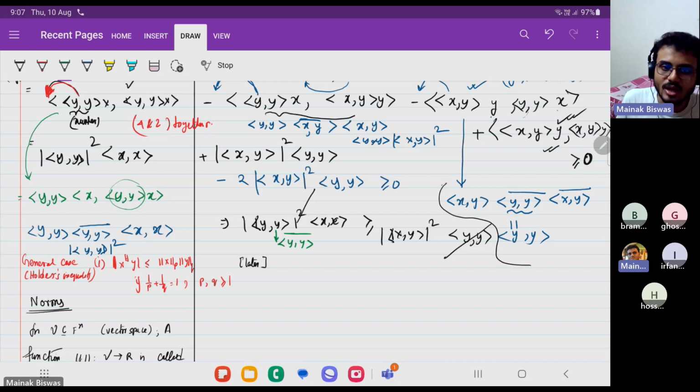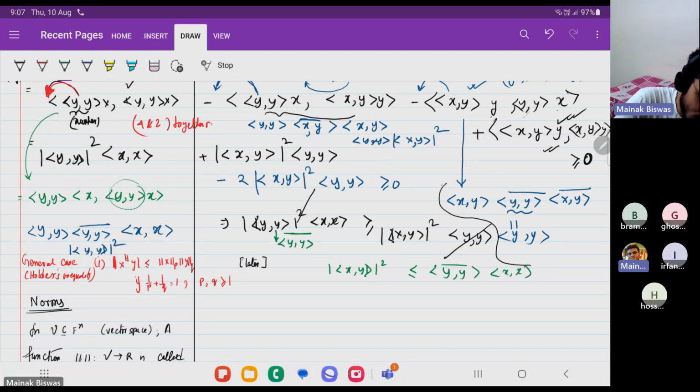What is the norm square of y? It's the conjugate of yy into yy. Yes or no? So I'll be left with xy whole square less than or equal to yy conjugate into xx. So again, yy conjugate is nothing but yy or not?